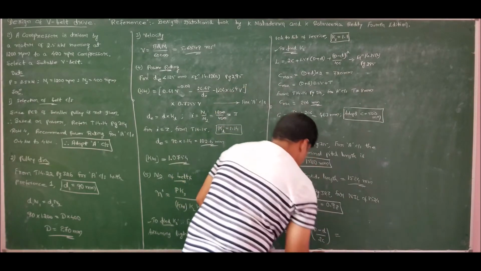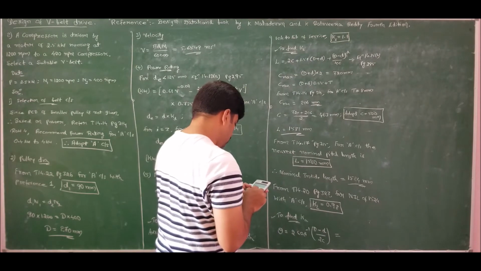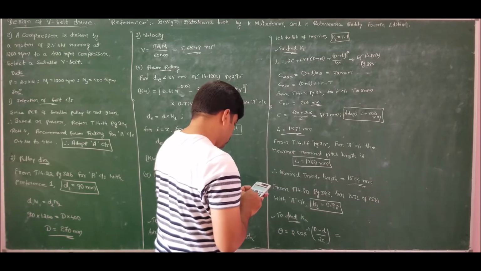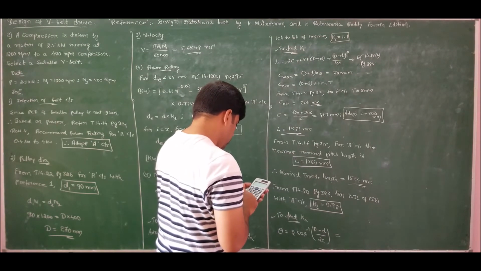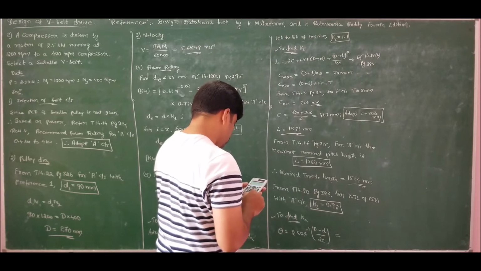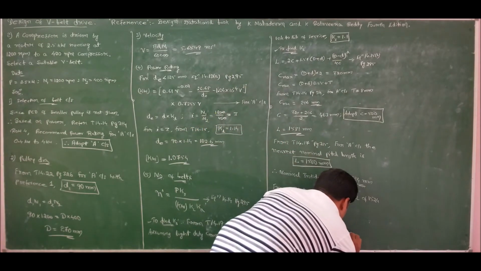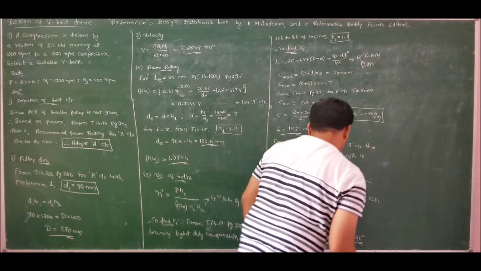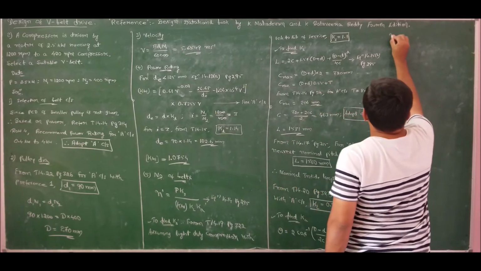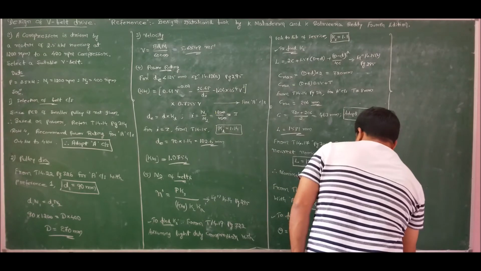So which is turning out to be 2 into shift cos inverse of (D minus d) divided by 2C, that is (270 minus 90) divided by 2 times 500, that is 159.26 degrees. Since type of belt is not given, assume weaving type.